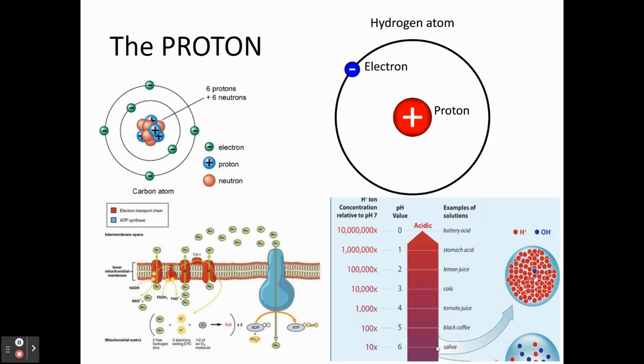Coca-Cola has a pH of 3. That's going to be 10 times 10 times 10. That's 10,000 times greater proton concentration than pure water. Stomach acid, 1,000,000 times. Battery acid, 10 million times as acidic, a pH of 0. It's all about the proton concentration.